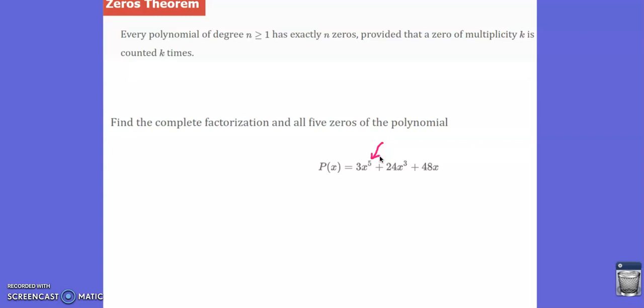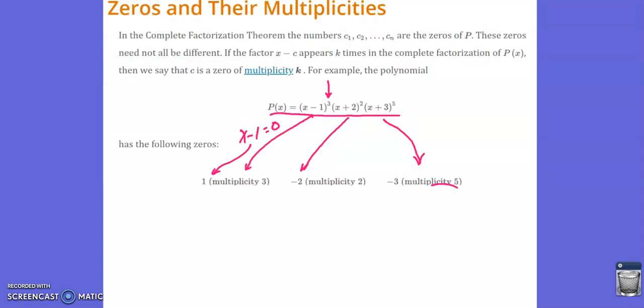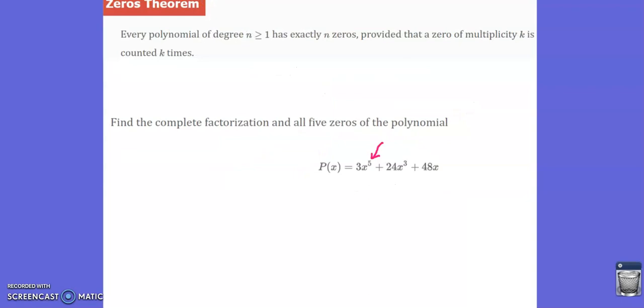It has at most 5 real numbers, but it has 5 complex numbers. So even on the previous one, we would have 10, because we have 2 of them, 3 of them, and 5 of them. So we actually have 10 zeros in that problem, and there's going to be 10 complex zeros altogether, if you include the multiplicities.